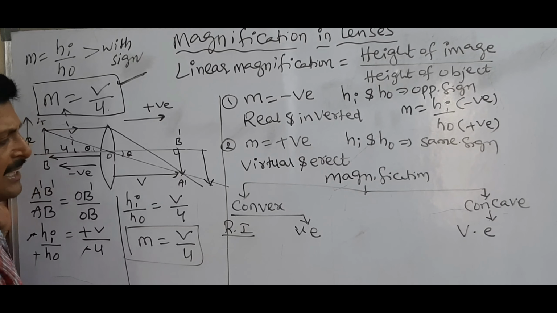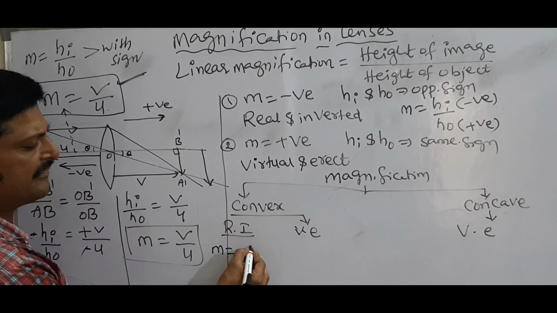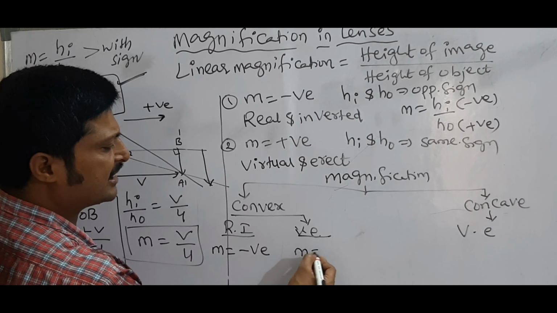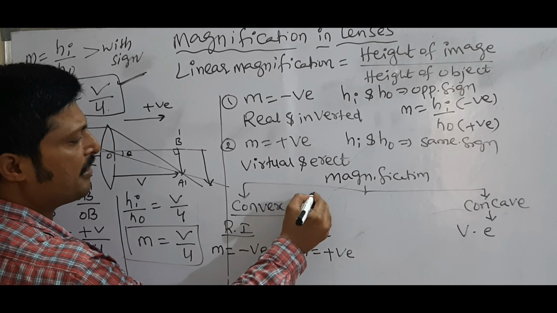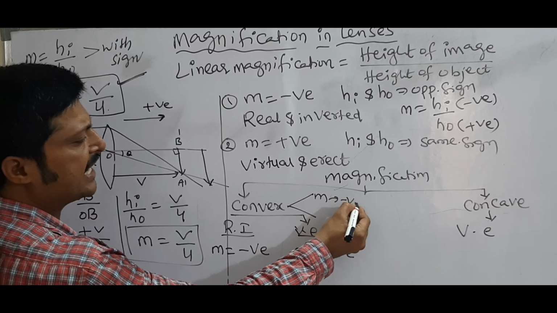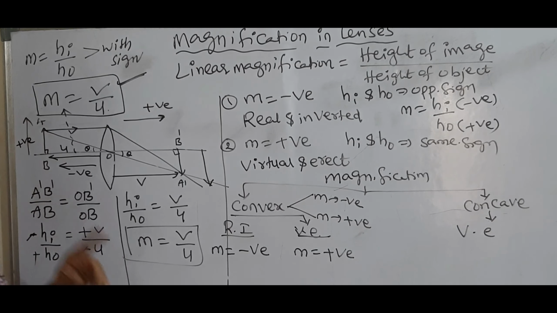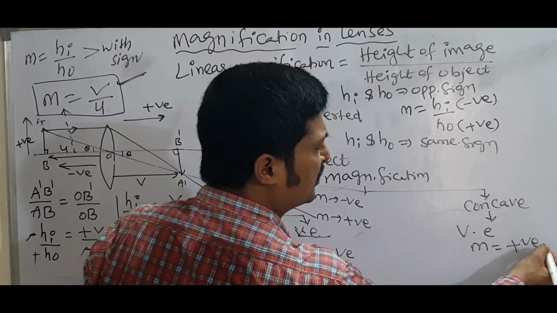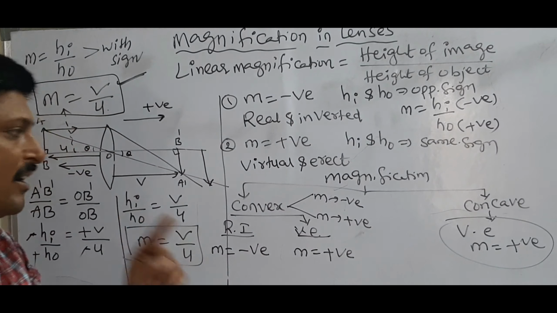So for a convex lens, if the image is real and inverted, magnification is negative. If virtual and erect, magnification is positive. That means for a convex lens, magnification can be negative or positive. For a concave lens, virtual and erect means magnification is always positive.